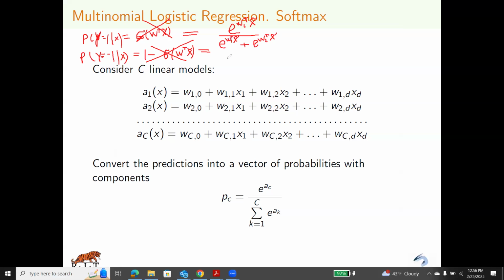And for class -1, the probability will be the same, but in the numerator, we will have the exponent of W2 times X, and the same denominator. I hope you can see that if we sum up these numbers, you will get 1. So our general goal is to convert linear functions into probabilities.